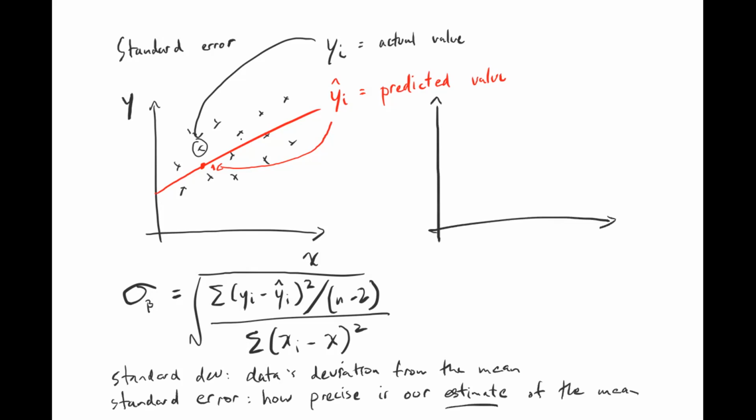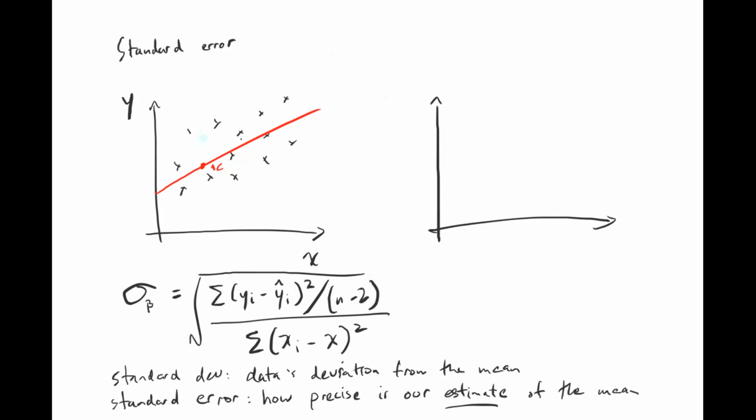So I want you to consider, let's say I have the exact same set of points, but they are dispersed just slightly farther away from each other.